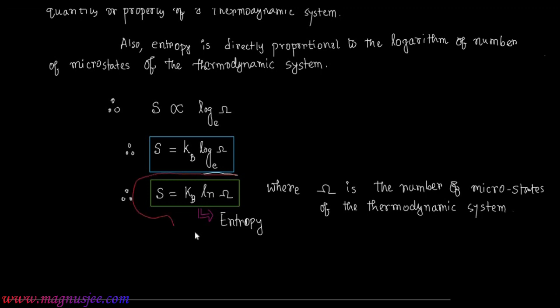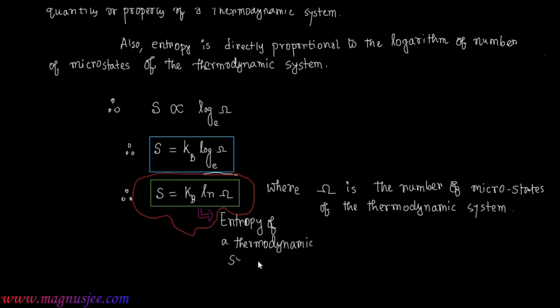S is equal to kB ln omega, which is the entropy of a thermodynamic system, and kB is the Boltzmann constant having value 1.38 into 10 to the power minus 23 joule per Kelvin.